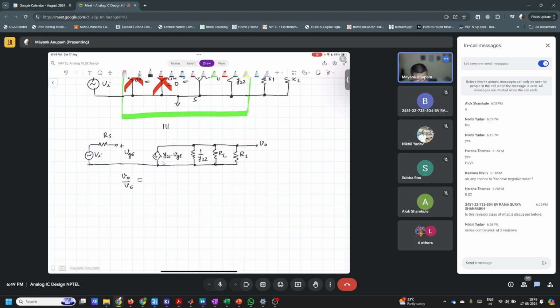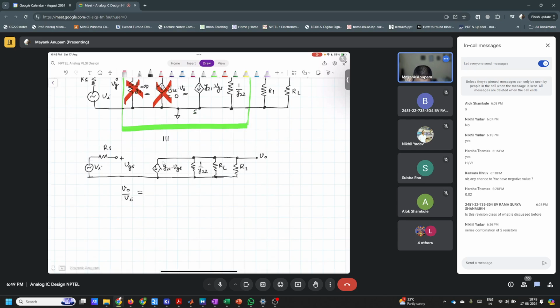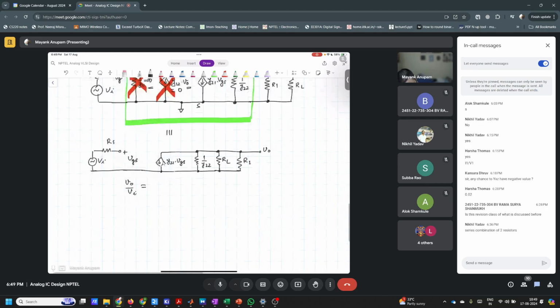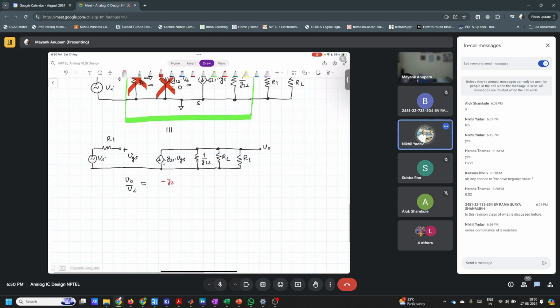What will be VO over VI? Minus Y21 RL. Minus Y21 times RL parallel RS, sorry, R1 parallel 1 over Y22, right? Am I correct?